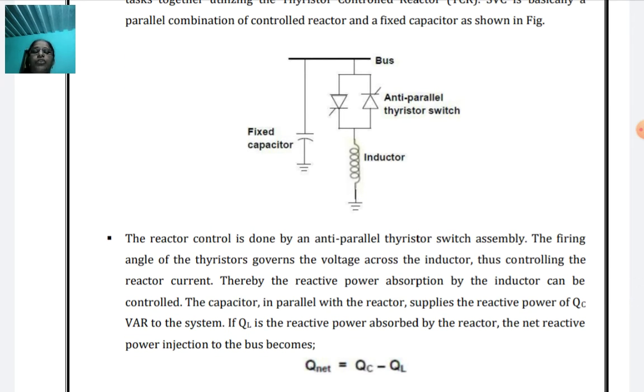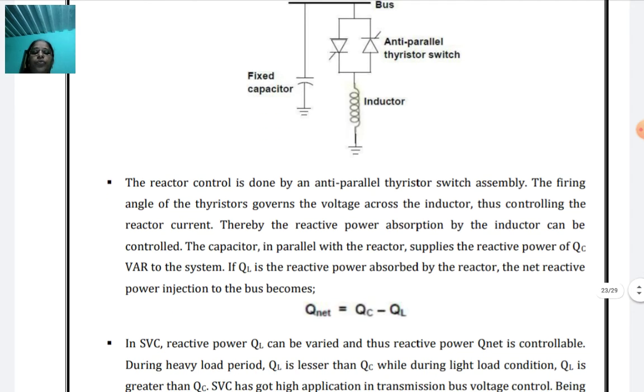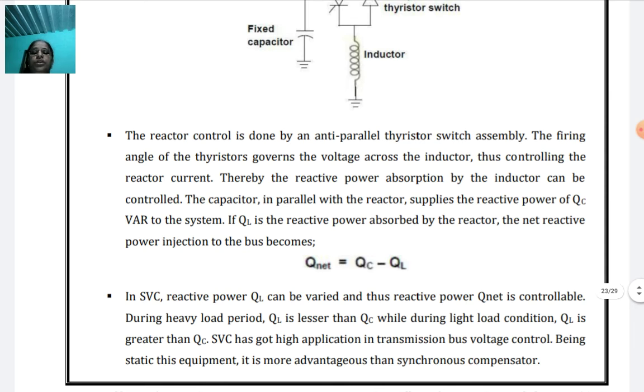The reactive control is done by the anti-parallel thyristor switch assembly. The net reactive power injection is equal to QC minus QL.